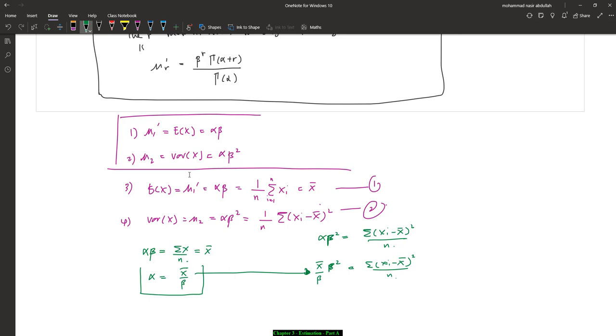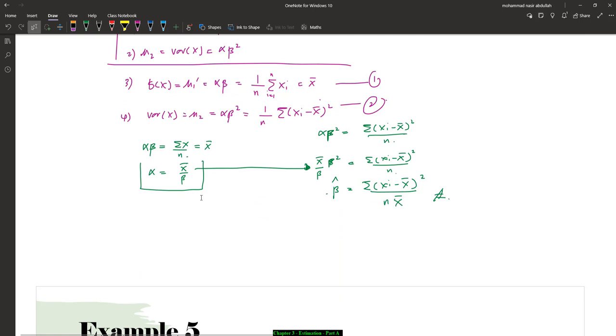So this one should be beta equal to summation of xi minus x bar squared divided by n x bar. So the estimator for beta is equal to summation of xi minus x bar squared divided by n multiplied by x bar. So we just substitute this equation to the first formula, right? So alpha hat should be equal to, let's put it like this, summation of xi minus x bar squared divided by n x bar.